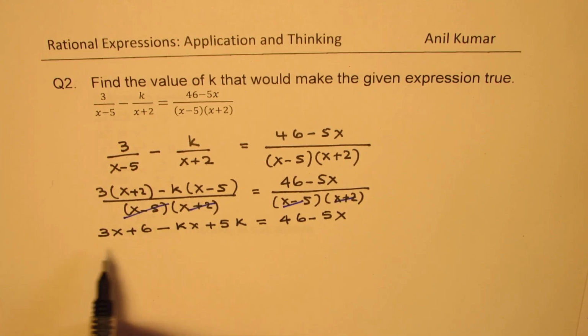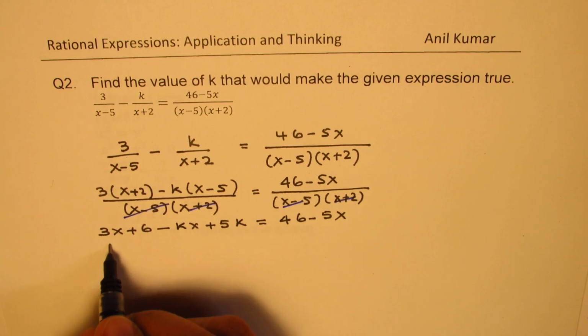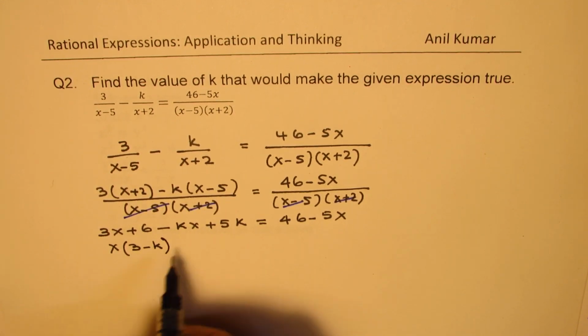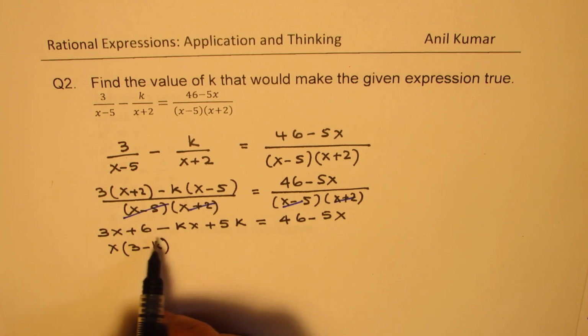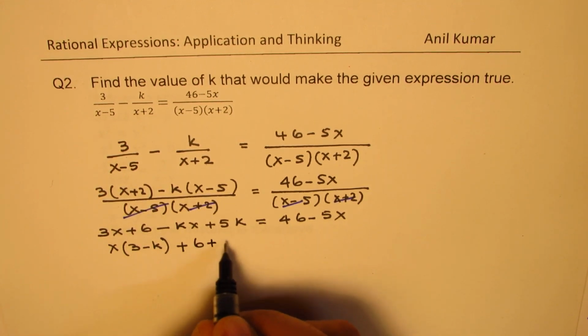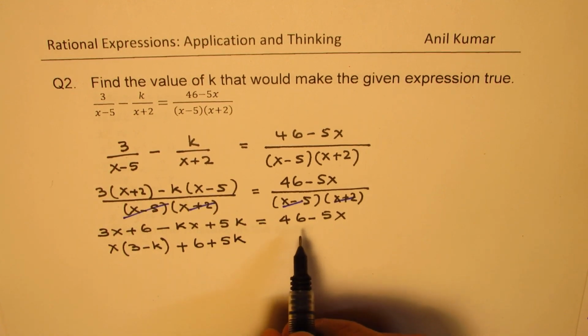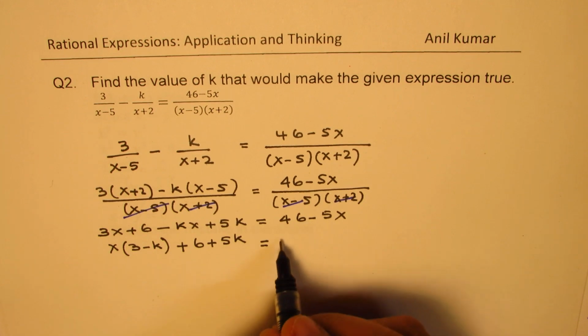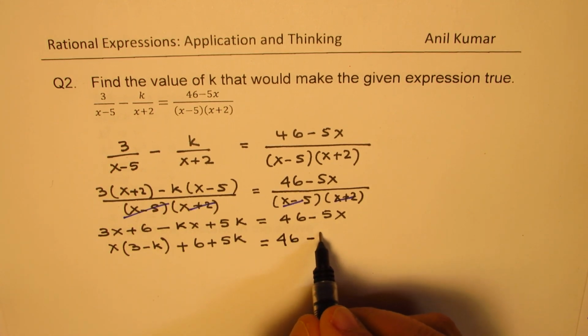So as far as the x terms are concerned, we have 3 minus k. And the numbers, we have plus 6 plus 5k, correct? On this, 46 minus 5x.